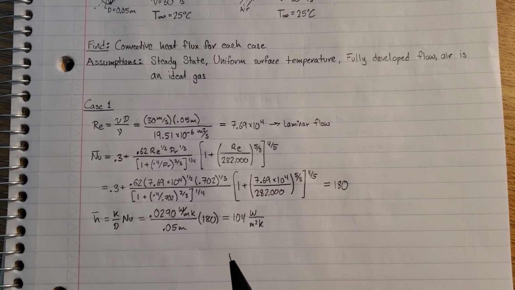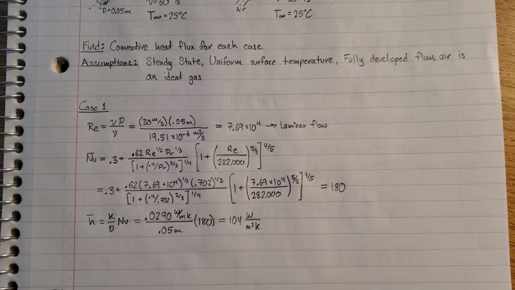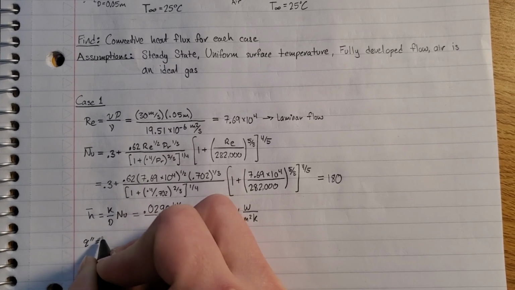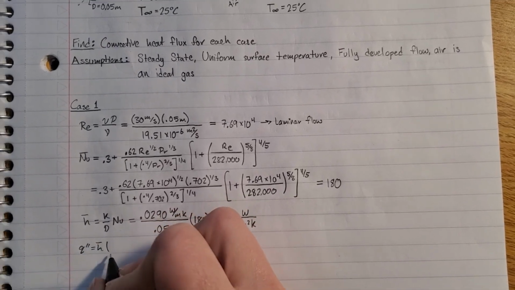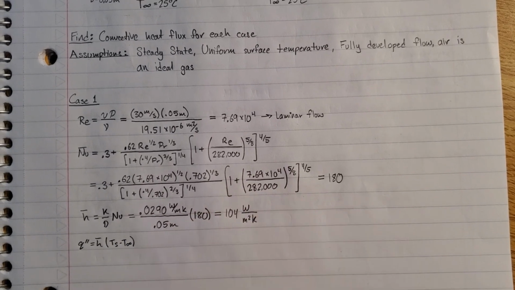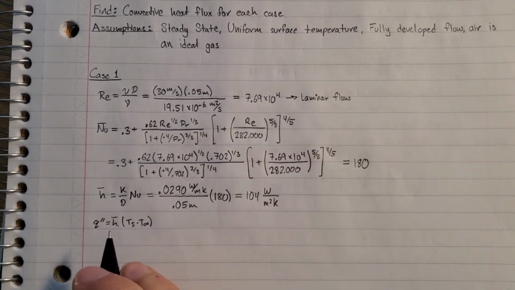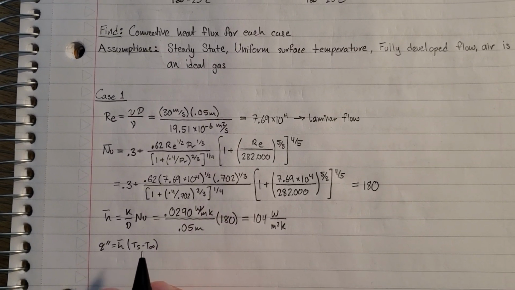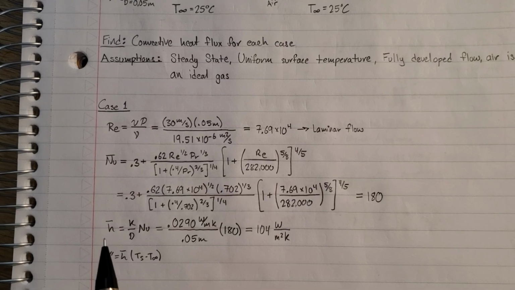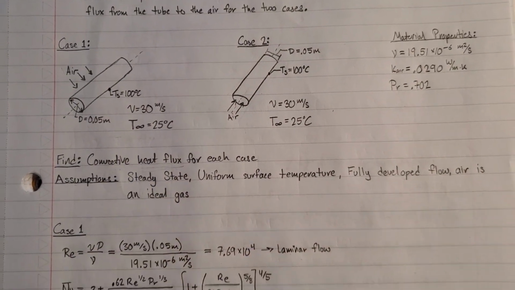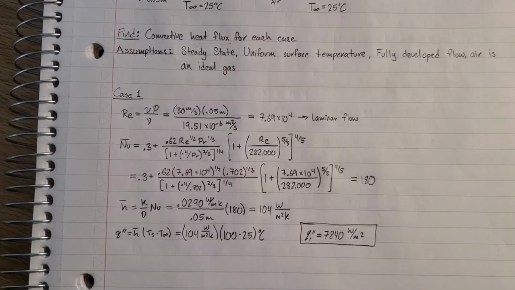And then from here, we just need to find heat flux, which we can do with the simple equation h times delta T from the first chapter. And we are finding heat flux, so there's no need to worry about areas.